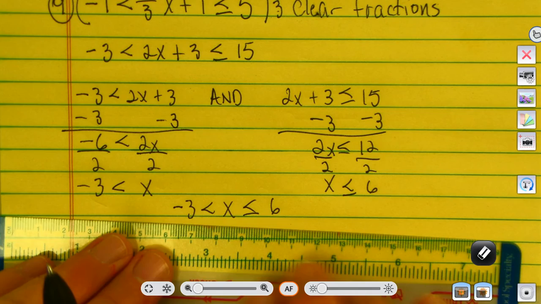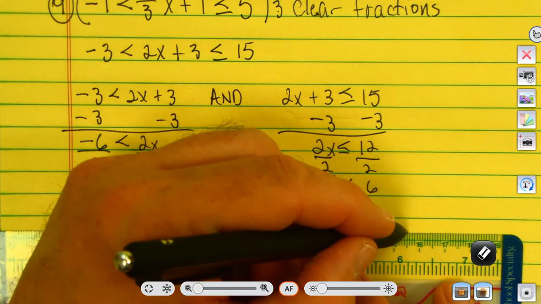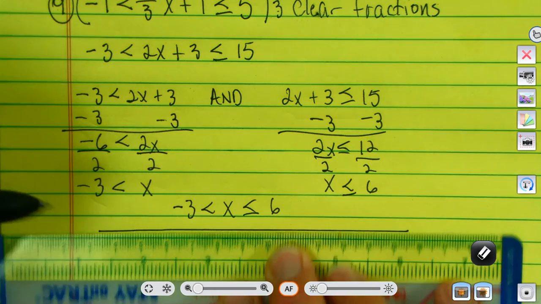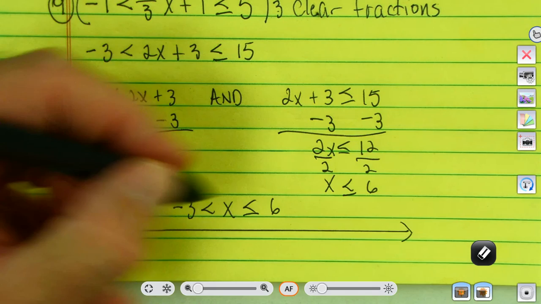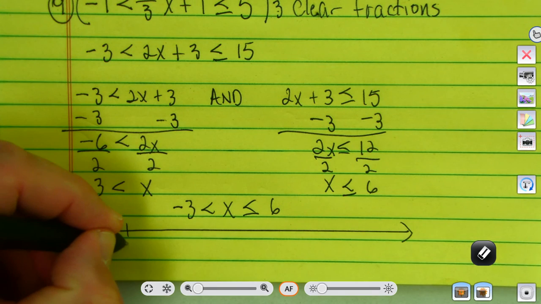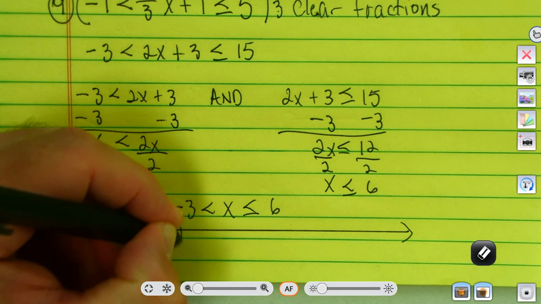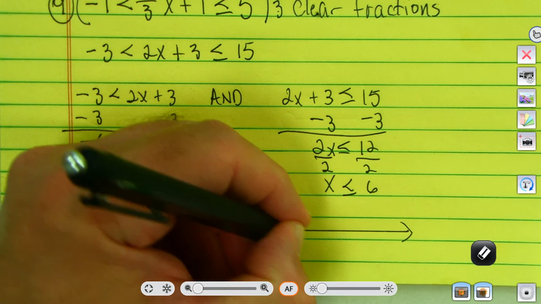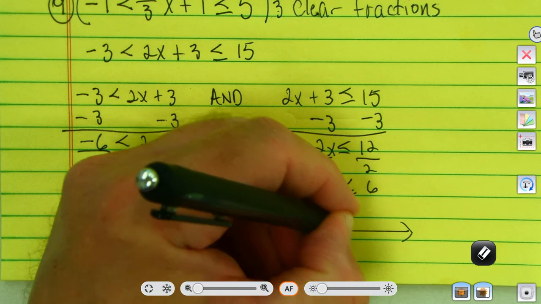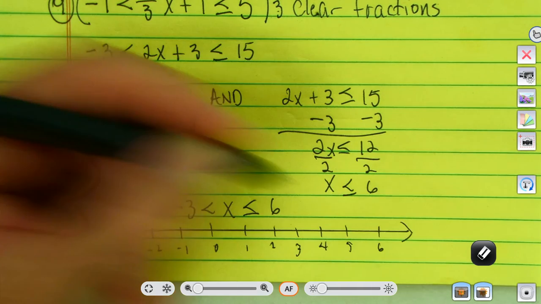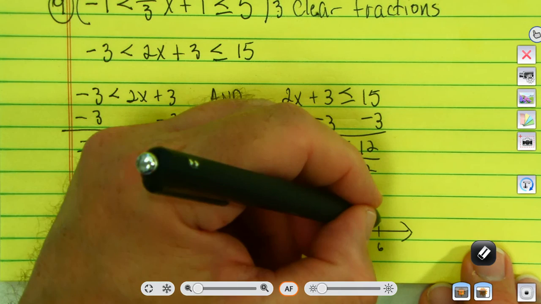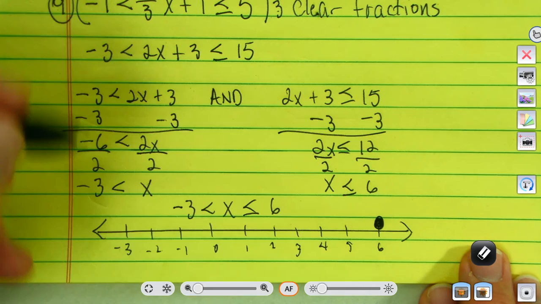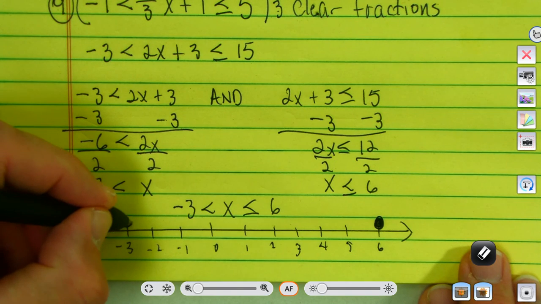If I graph that, I'll graph it this way. Closed dot on 6. Open dot on -3.